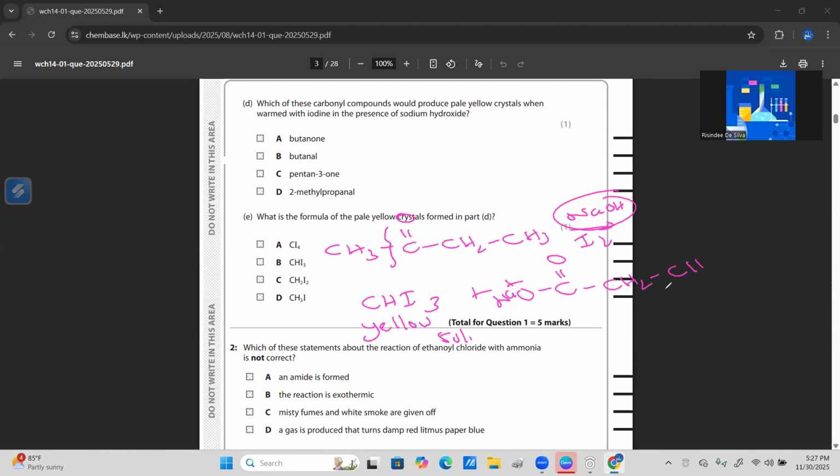So it's sodium propanoate. This is how the bond will break. And this reaction can be used to reduce the number of carbon atoms in an organic compound. So the correct answer is CHI3. The name is triiodomethane, CHI3.